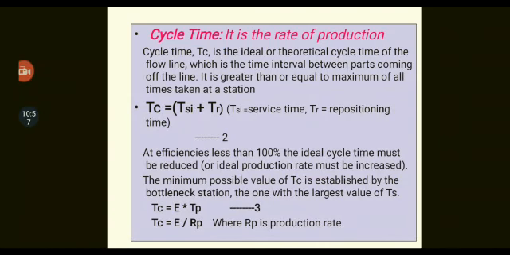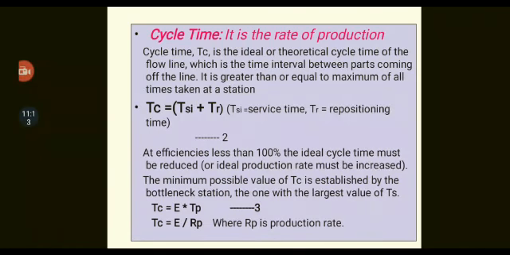For efficiency less than 100%, the ideal cycle time must be reduced, that is, the ideal production rate must be increased.